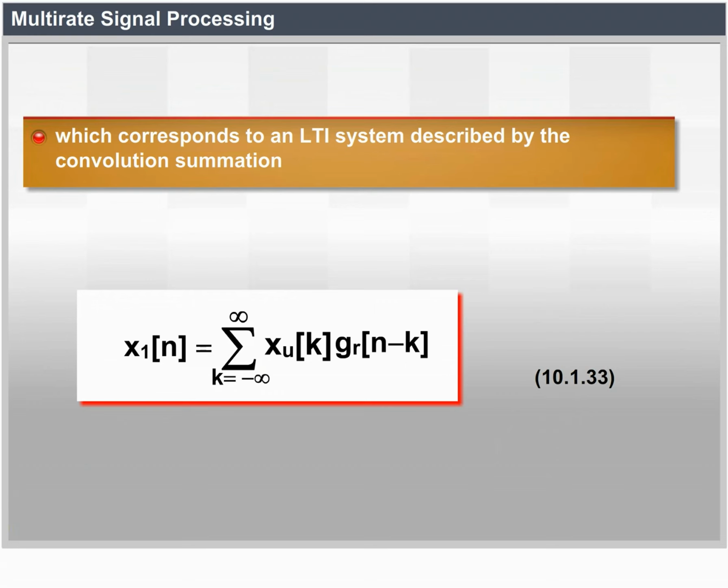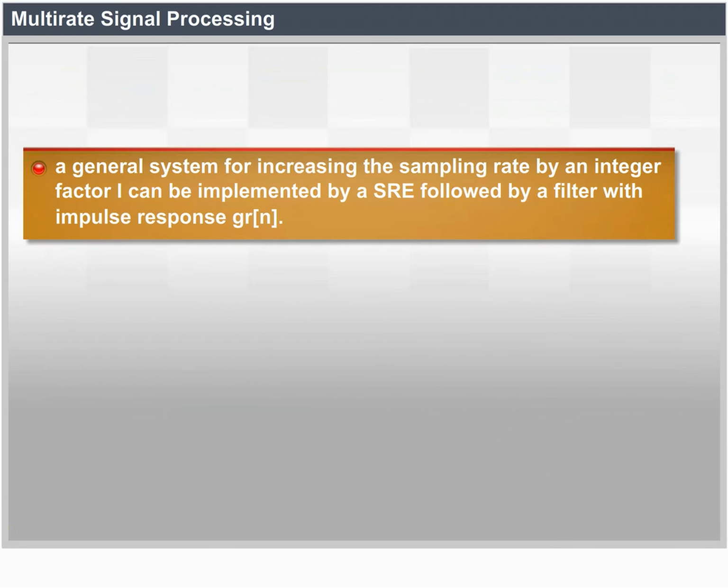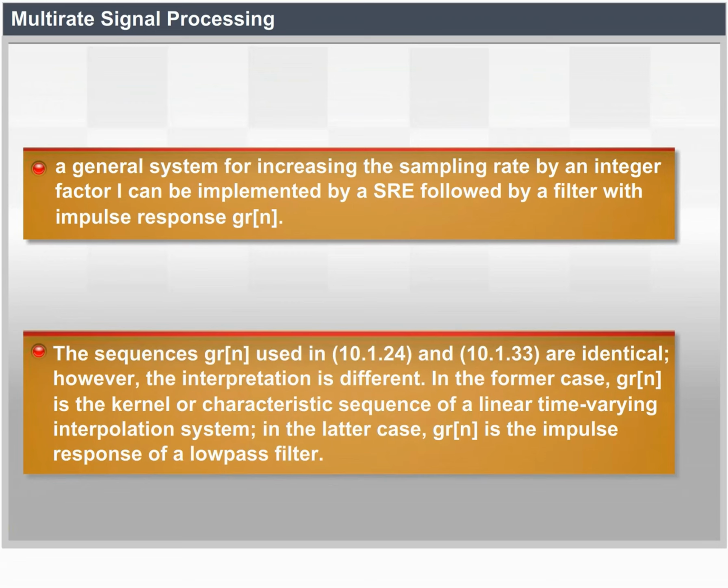A general system for increasing the sampling rate by an integer factor I can be implemented by an SRE followed by a filter with impulse response g_I[n]. The sequences g_I[n] used in 10.1.24 and 10.1.33 are identical. However, the interpretation is different.